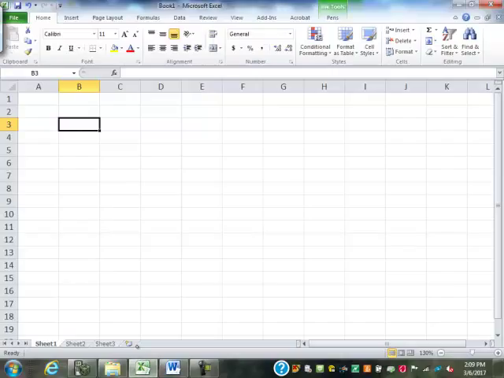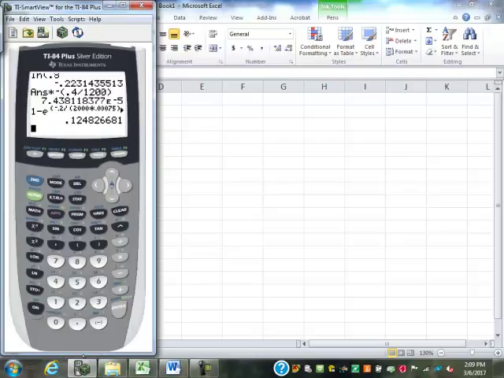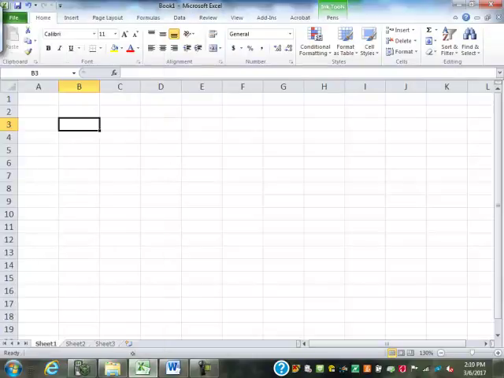So what we want to look at here quick is using Excel to find those confidence intervals. Now the TI-83 calculator, TI-84 calculator we saw can spit that out rather quickly. Let's put a situation down here.